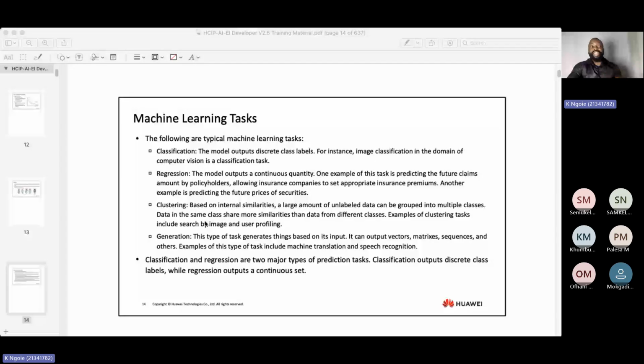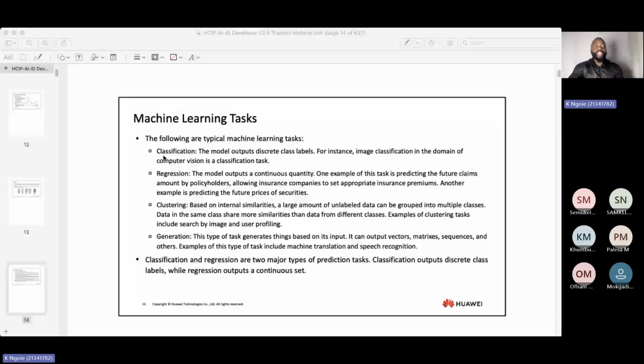Then we have clustering. Clustering is basically close to classification, but in a classification problem, we already determine the features we will need, and we determine the classes we will need.